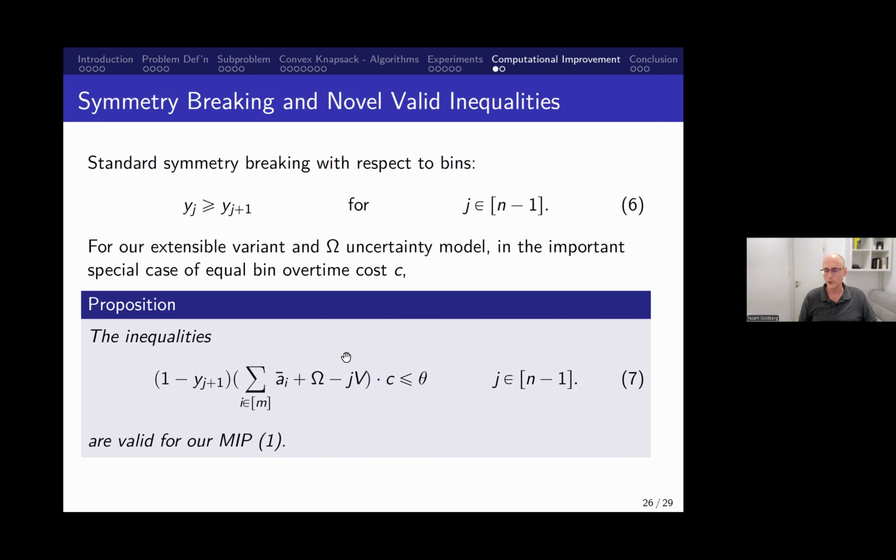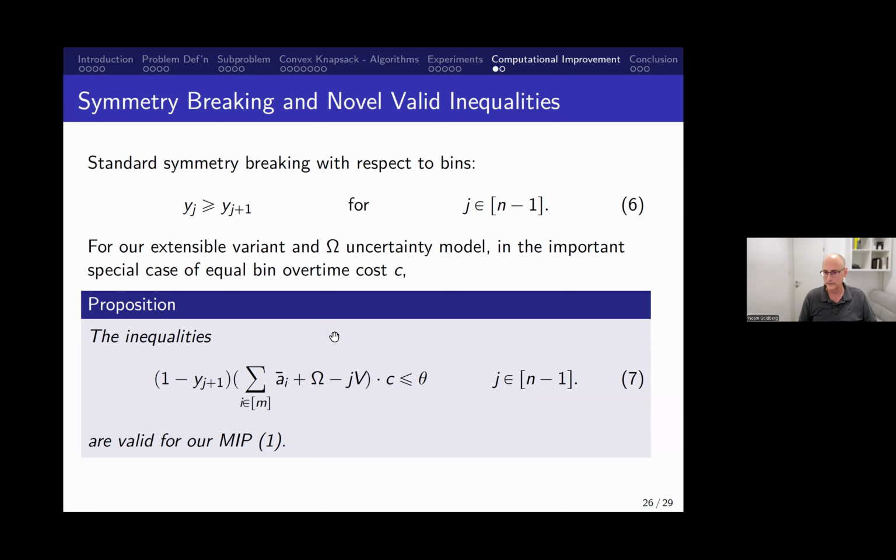That's whenever we know that at most J bins are used. We add these inequalities, of course, multiplied by the per unit overtime cost. These inequalities are valid; every integer solution must satisfy them.